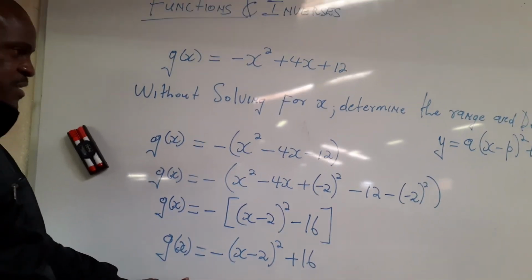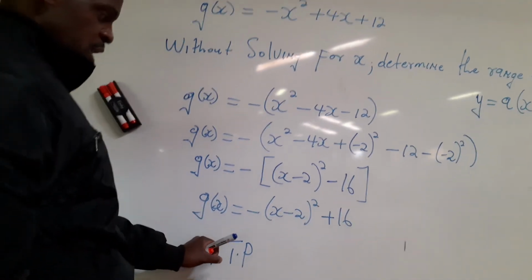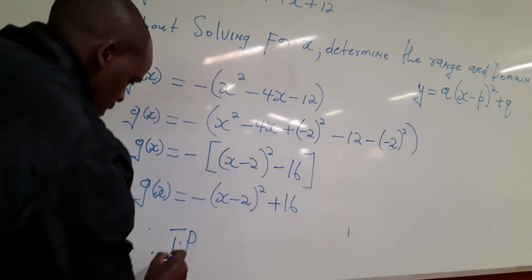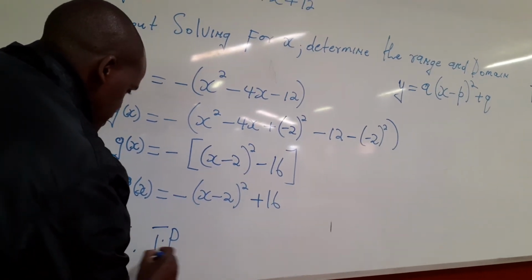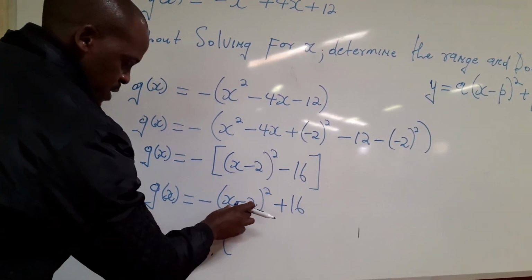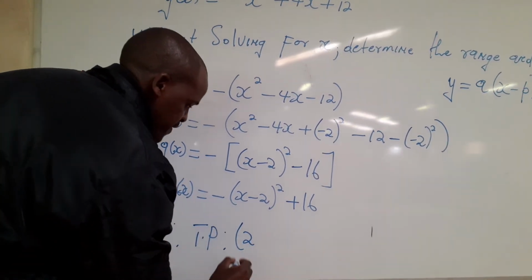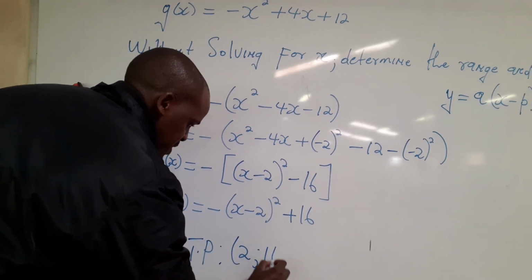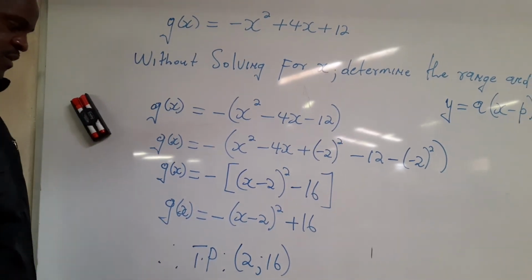Remember, we are finding the turning point so that we are able to find the domain and the range. Our turning point will be given by, we solve for x just inside here, positive 2 and positive 16. That's our turning point.